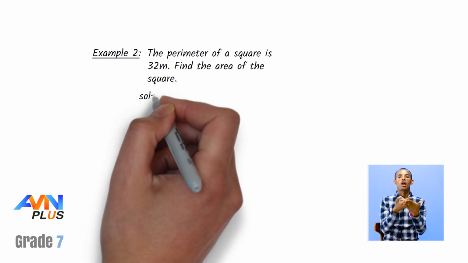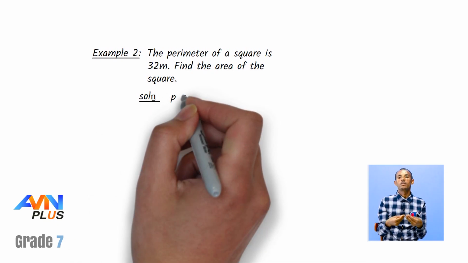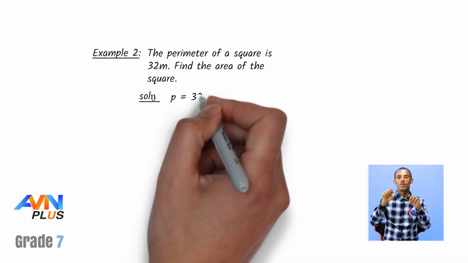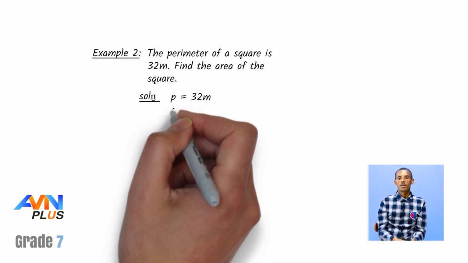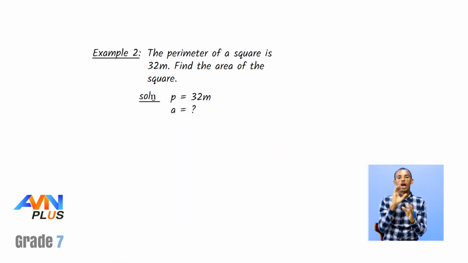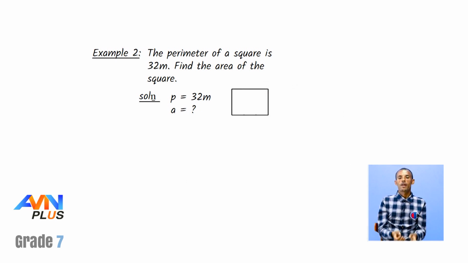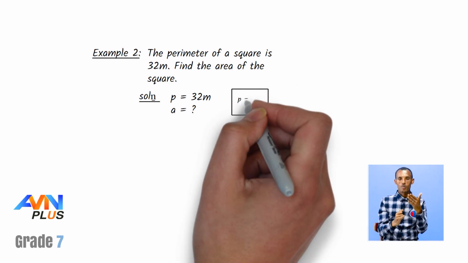Here, the perimeter of the square is given. The perimeter of the square is given to be 32 meter. And we are asked to calculate the area of this square. So let's draw the square.